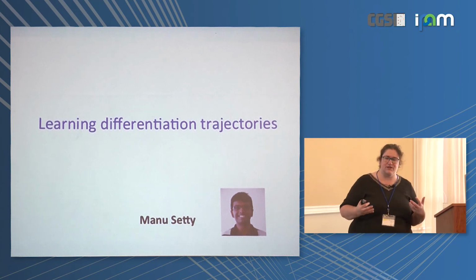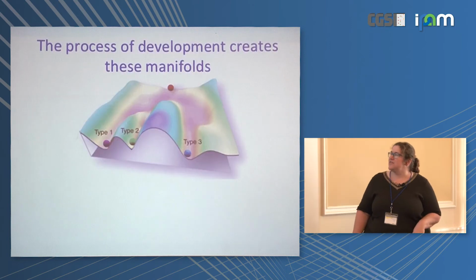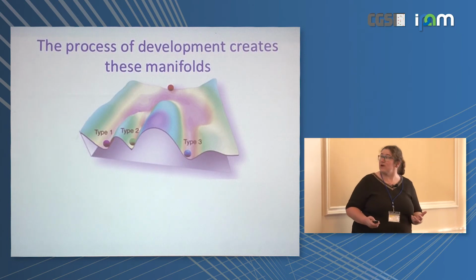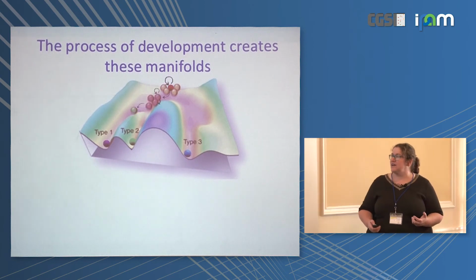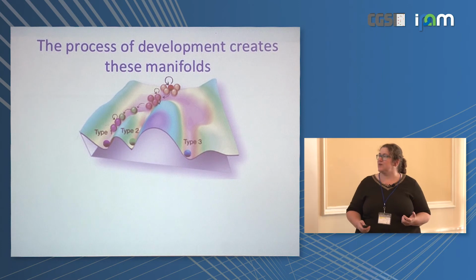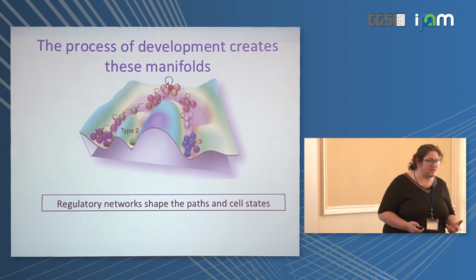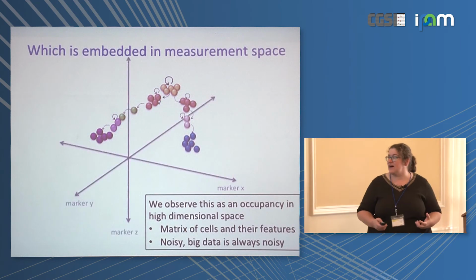One of the other things that we like to do other than learn relations is to actually learn the structure. So I'm really enamored by how a cell develops, this whole process. And what creates these manifolds is as cells transition and develop and go down the sort of Waddington-like landscape, shaped by these regulatory networks, that's exactly what is creating this process in high dimension.